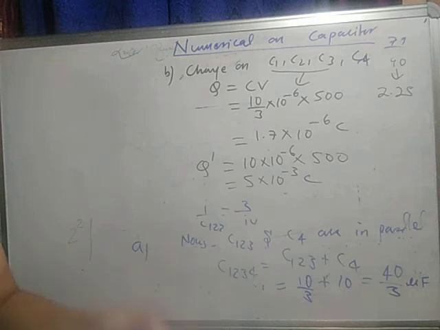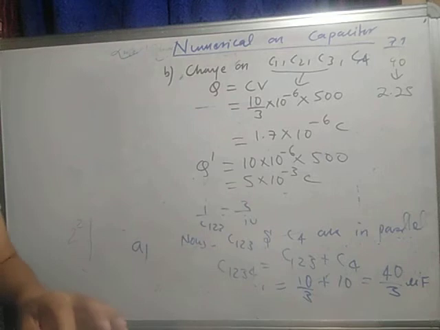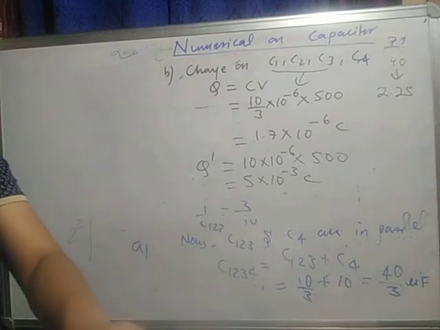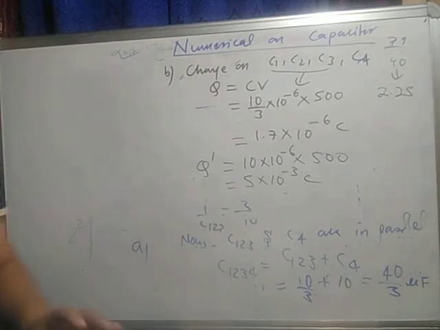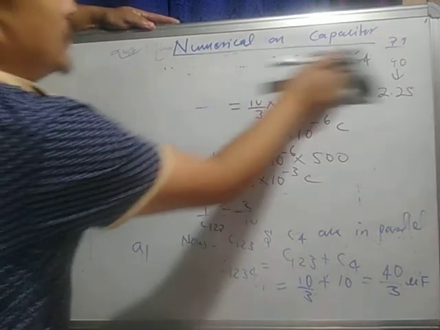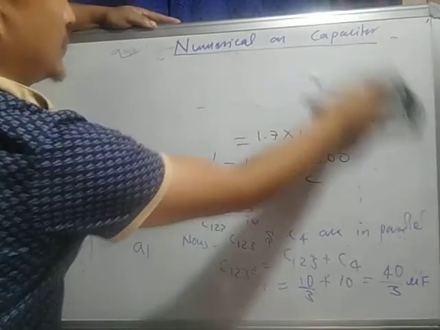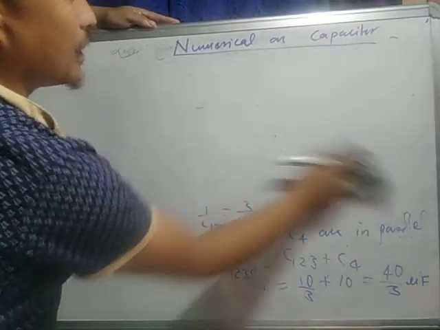Now the next type or next variety. Because there are so many varieties in numericals of capacitor. The next type or variety is the initial and final problem.